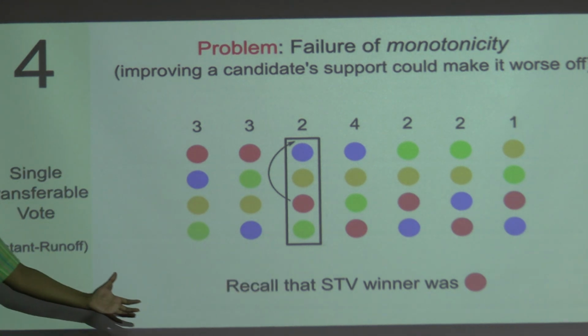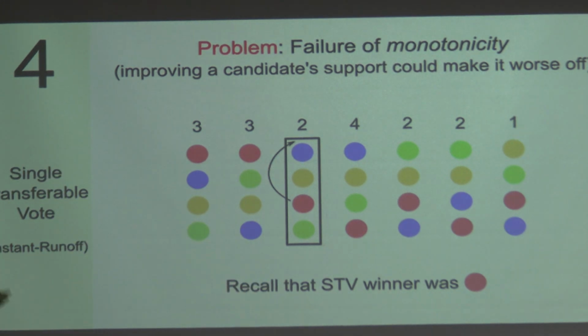It might lose the election if you increase its support, which is weird. Earlier we had removed green, now we removed blue. Everyone happy with what's happening here?